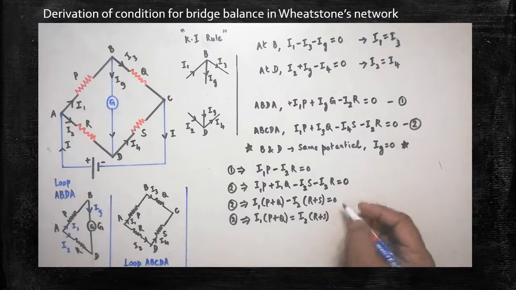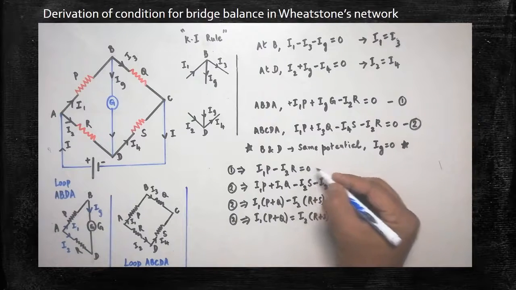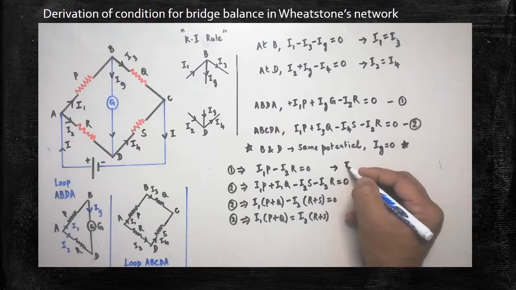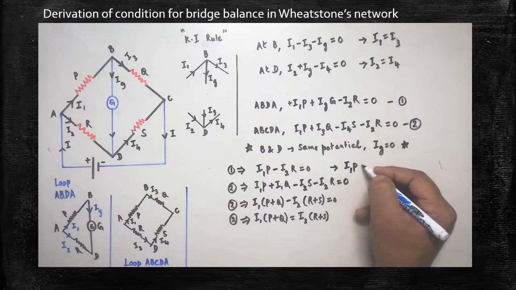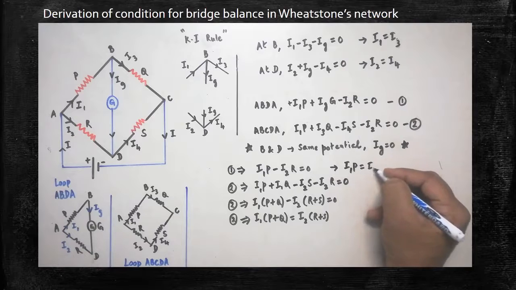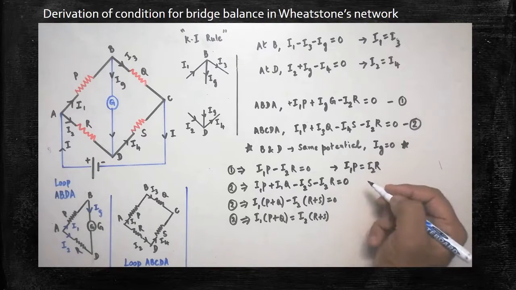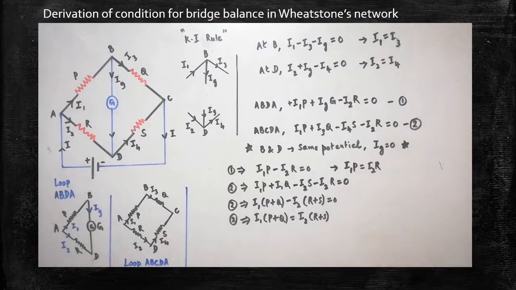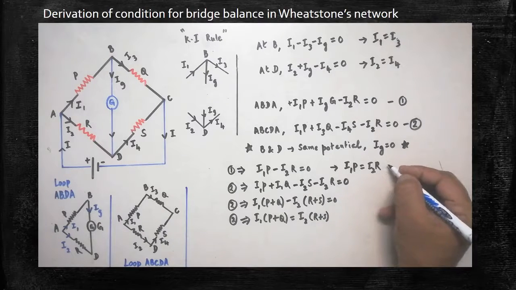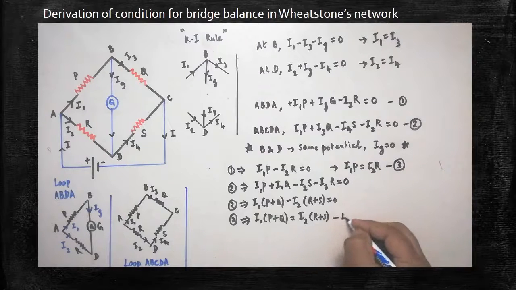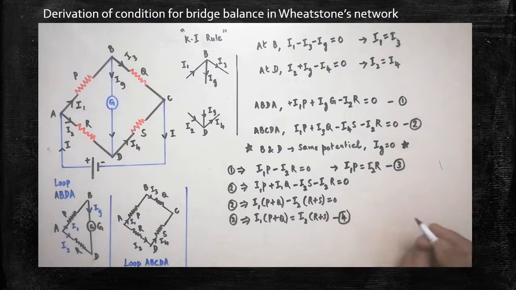Any doubt on this? So this is equation 1. Now equation 1 can be written like this: I1 P is equal to I2 R. So it is written in this form. Now this equation can be labelled as 3, and the other equation as 4.